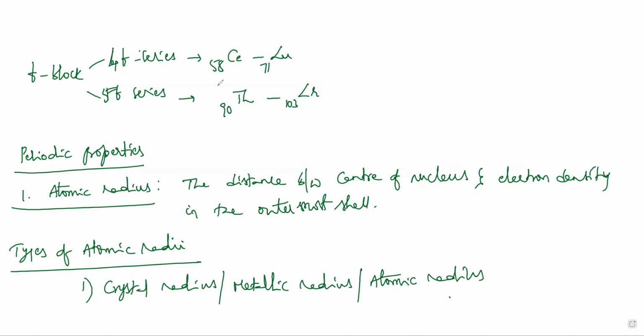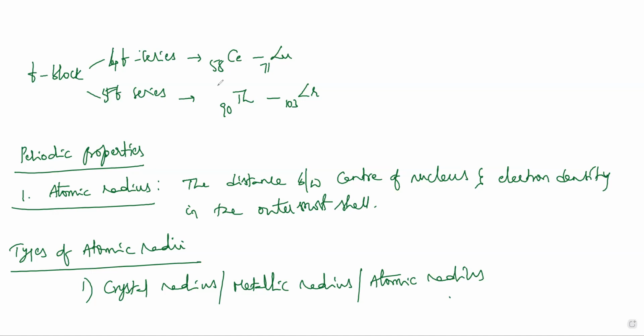If you consider a covalent molecule, let us consider this is a chlorine molecule. This is chlorine atom, this is chlorine atom. Again, half of the internuclear distance. This is what we call covalent radius.